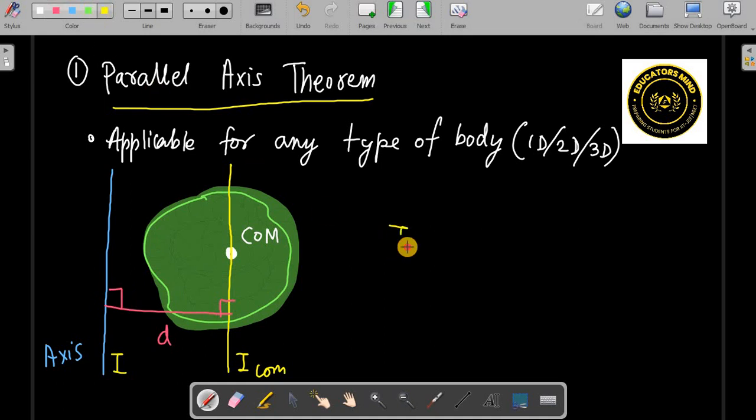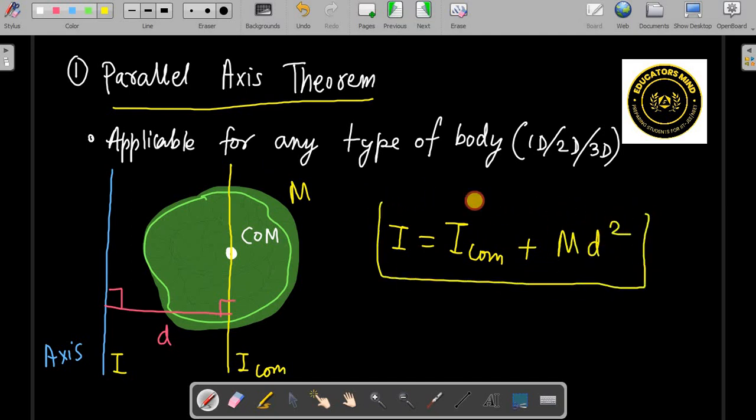So I about this parallel axis is I center of mass plus the total mass of this object M into d square. This is how we calculate the moment of inertia about an axis which is parallel to the center of mass axis.